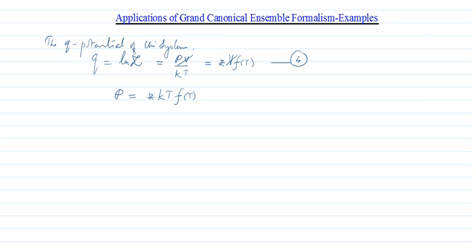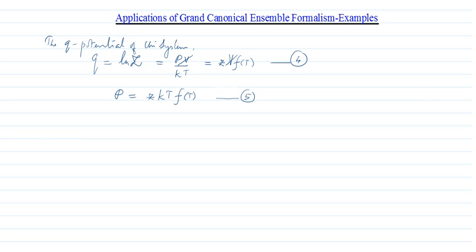So let me say that this is equation number 5. That gives you the pressure of the system. Again, you can just say that this is the expression for the pressure of the system in the grand canonical ensemble.